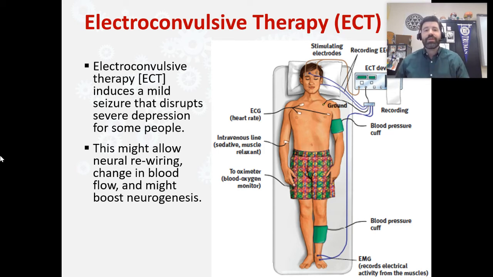Additionally, it's possible that we see this change in blood flow and the rewiring of neurons in the brain. And so it's this interesting look at how we can kind of snap that brain right into place. And that's probably, I don't know if I'd put that in your notes, snap the brain back in place, but it is allowing us to rewire some of these neural connections to alleviate symptoms of depression.